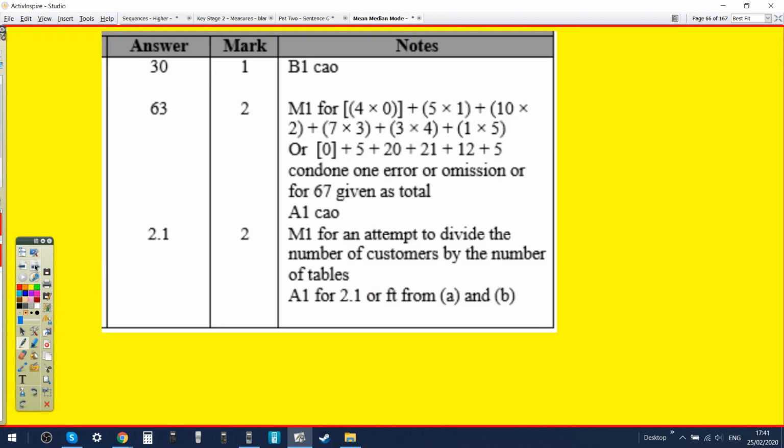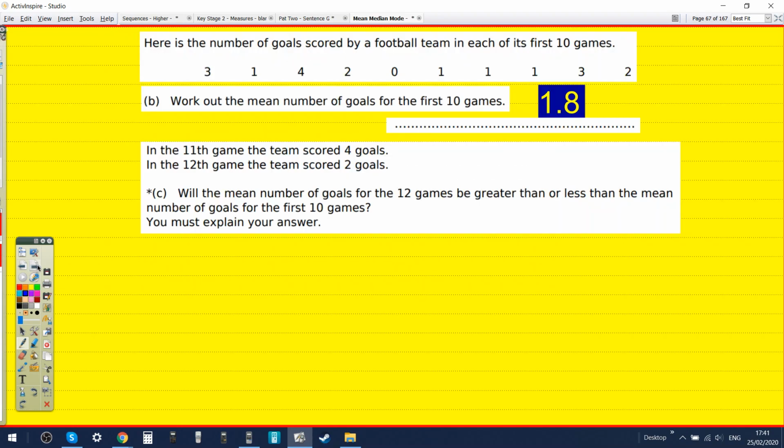And then this one, will we do this one now? Let's do this one. I've done part A. Sorry, I've done the first part. The mean is 1.8, and then you have to do this one. Okay. So B and C. So I did part B. The answer was 1.8.